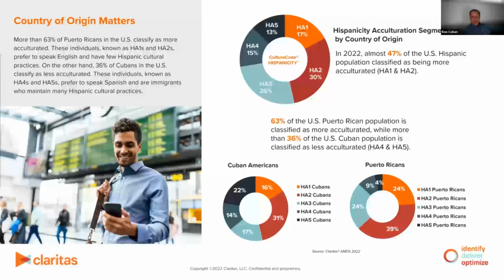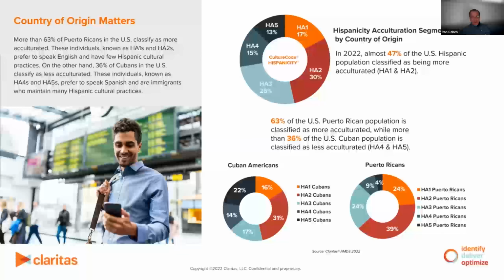I did mention country of origin. It's another important factor. We're not going to talk a whole lot about that today, but we also look at country of origin through the lens of acculturation. And just to give you an example, you can see the difference between Cuban Americans and Puerto Ricans. The more acculturated segments are the red and orange ones here, and the less acculturated ones are the darker blue ones.